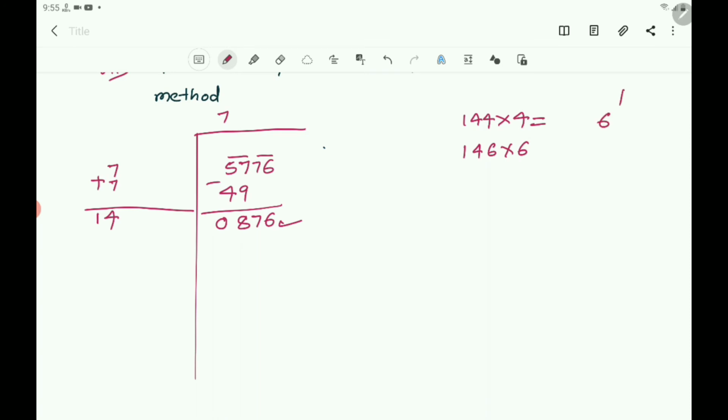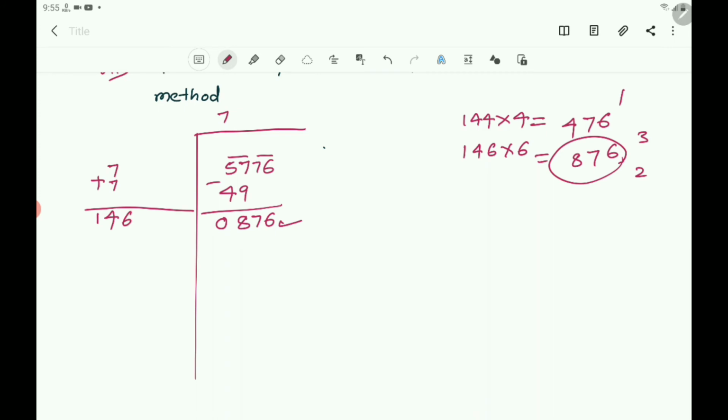4 fours are 16. 4 fours are 16 plus 1, 17. And 4 ones, 576 you will get here. Then 6 sixes are 36. 6 fours are 24 plus 3, 27. 6 ones is 6 plus 2, 876 you will get here. So this is okay.